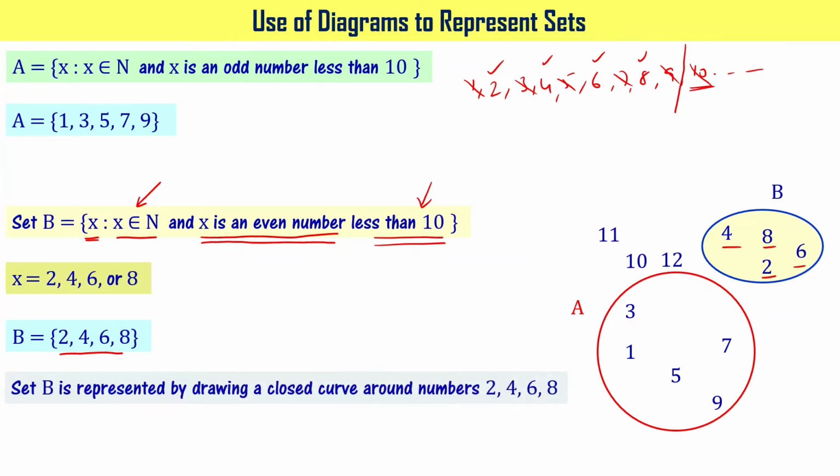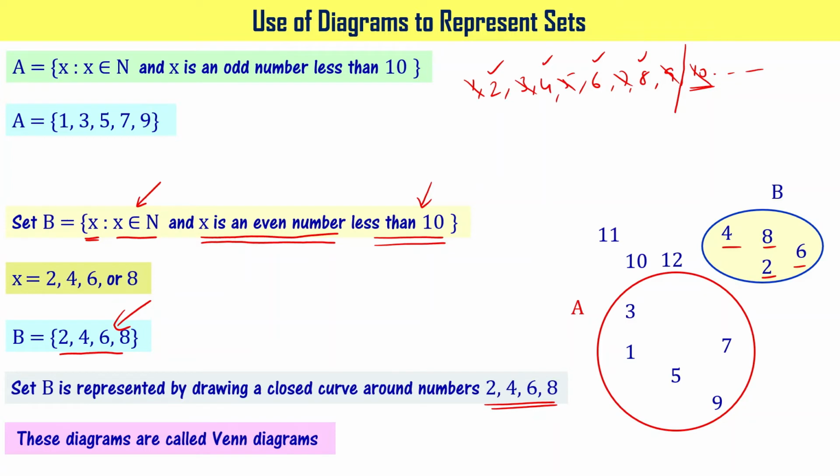Set B is now represented by drawing a closed curve, in this case an oval shaped thing, around the numbers 2, 4, 6 and 8, which are the elements of set B. These diagrams are called Venn diagrams. Please note this. When you draw these kinds of circles or ovals or rectangles to represent certain sets, you call those diagrams Venn diagrams.